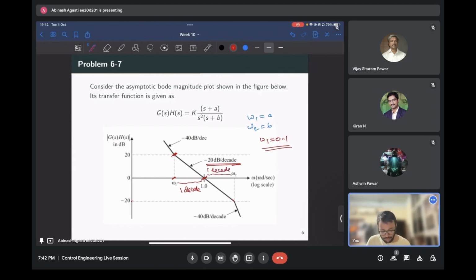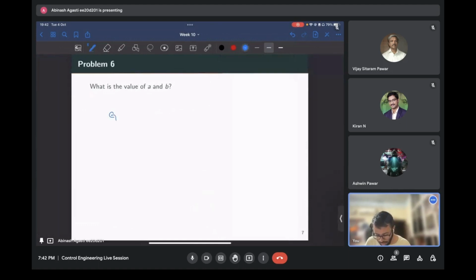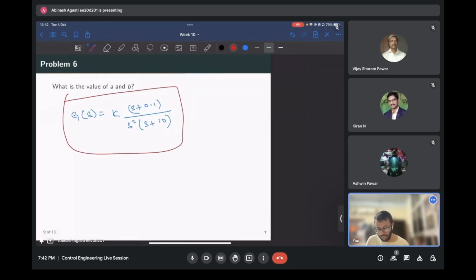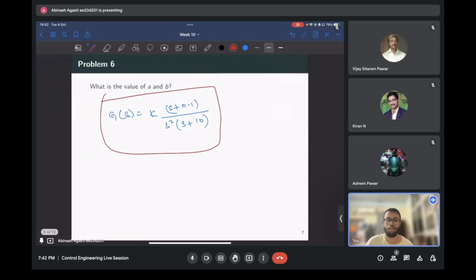So that means omega 2 is equal to 10. Right. So the original transfer function is k times s plus 0.1 by s square into s plus 10. So this is what we have obtained from the information till now. Is it clear till now? Okay.